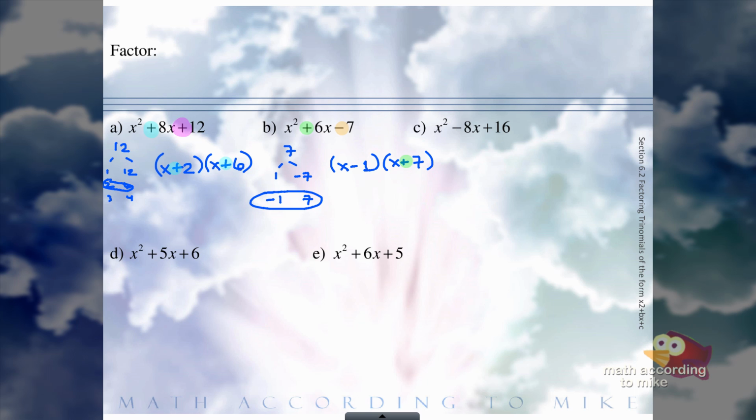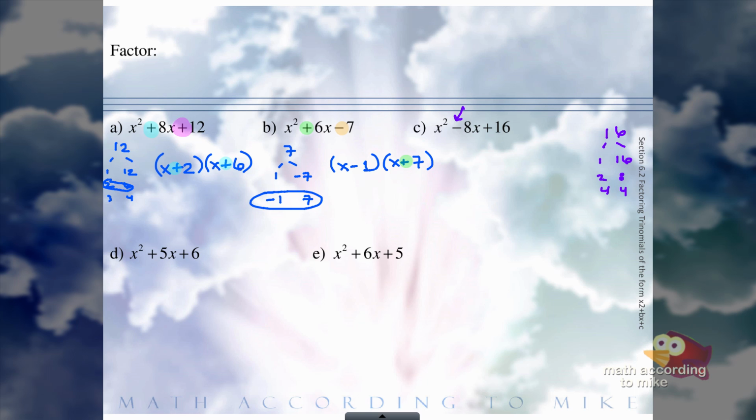Very good. Part C. What are the factors of 16 that add up to 8? Well, we have 1 and 16, 2 and 8, and 4 and 4. Well, let's be honest, what we really need to be doing is adding up to negative 8.